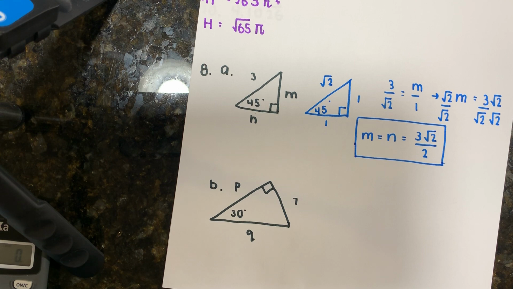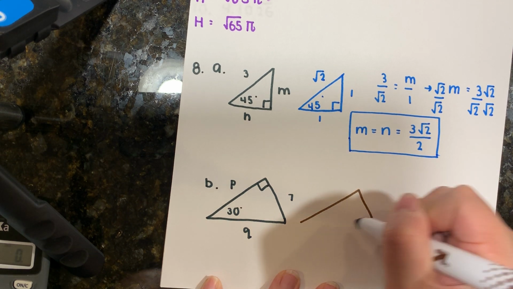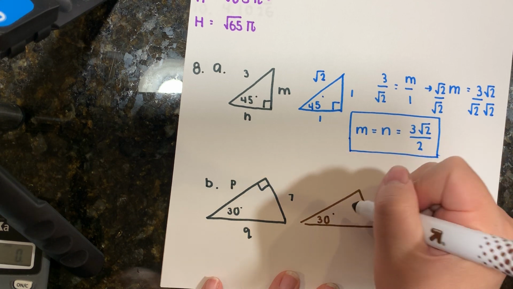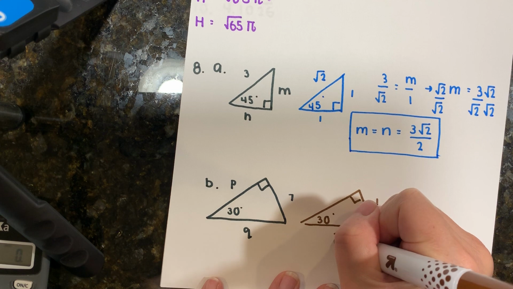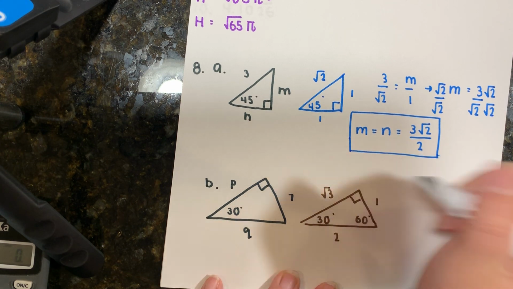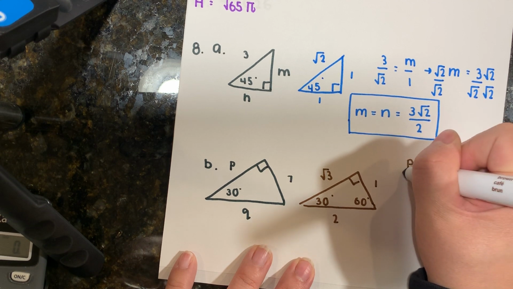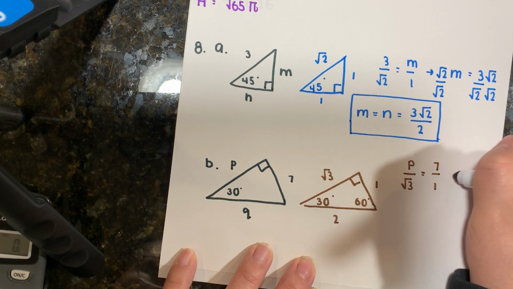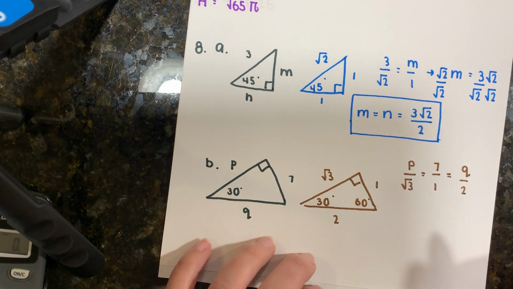Now looking at B, this is a 30, 60, 90 triangle. So I'm going to draw my 30, 60, 90 triangle right next to it. 30-degree angle here, 60-degree angle here. It should be 1, 2, and then the square root of 3. So I'm going to write this as P over root 3 equals 7 over 1 equals Q over 2.